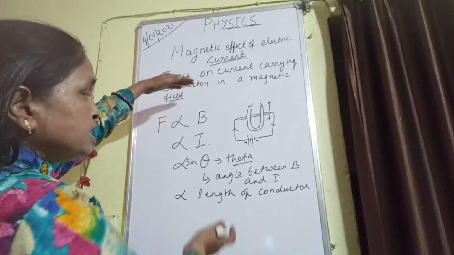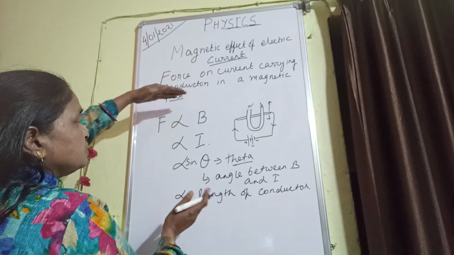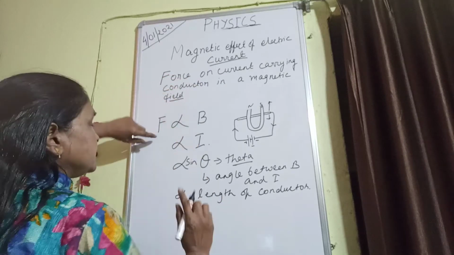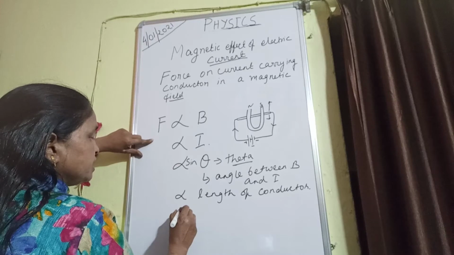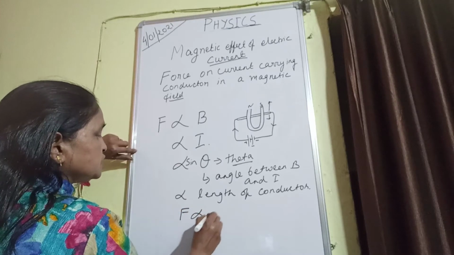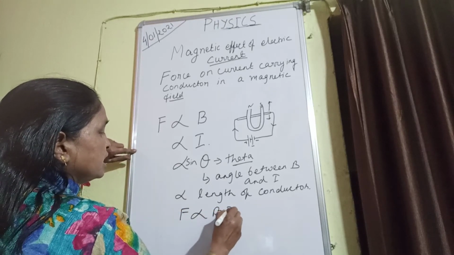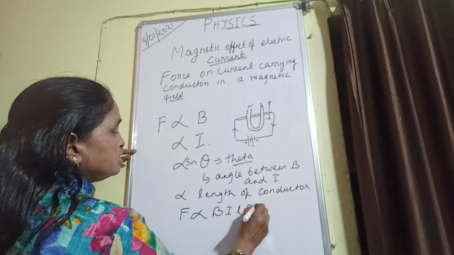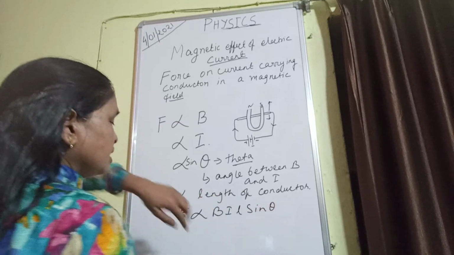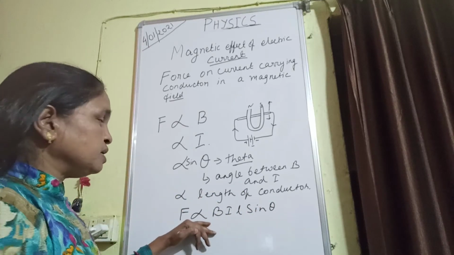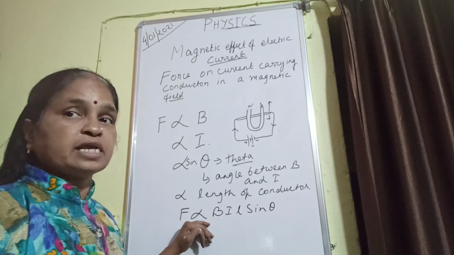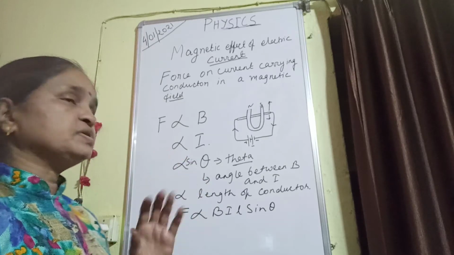So, if we write all these physical quantities together, we can write F is directly proportional to B I L sine theta. Students, whenever we remove the proportionality in physics, we add one constant.